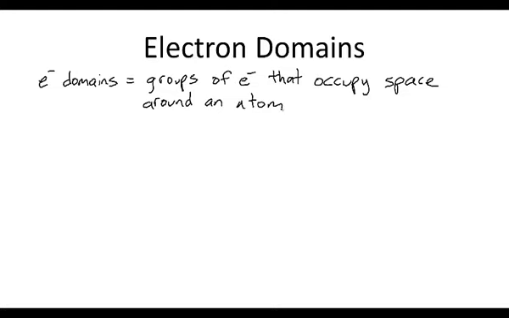The way to count electron domains around an atom is just to add up the number of atoms it's bonded to plus the number of lone pairs it has.